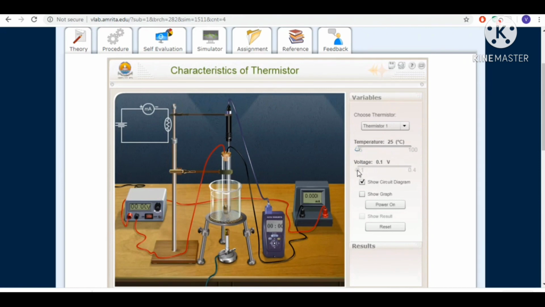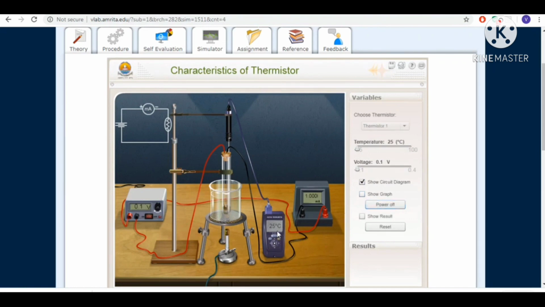And this is the voltage tab, and the voltage will be kept constant throughout your experiment. Whatever voltage you select in the beginning will be fixed. So I will choose 0.1 volt, and I will set all parameters.